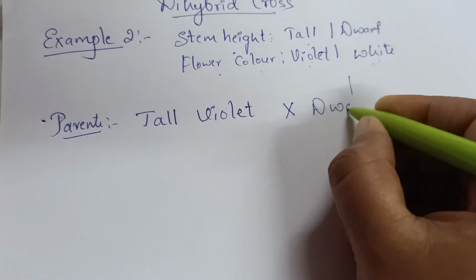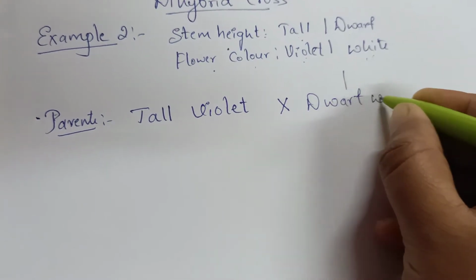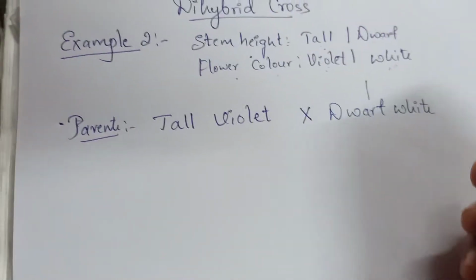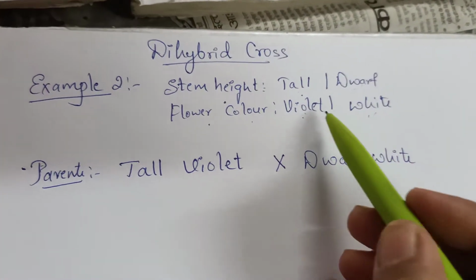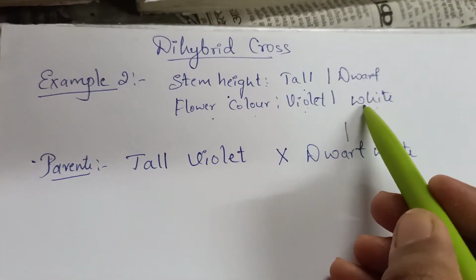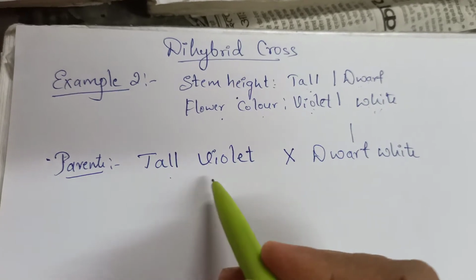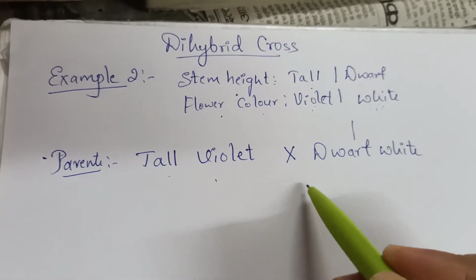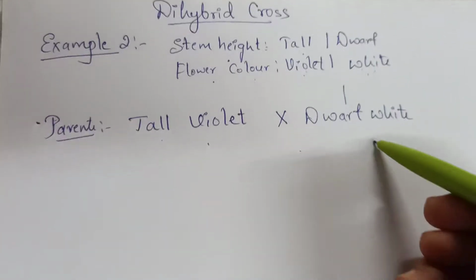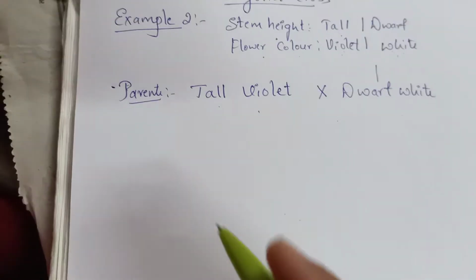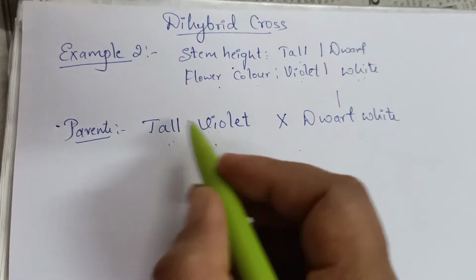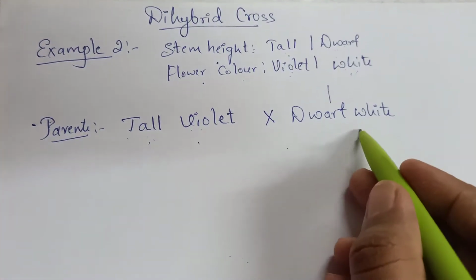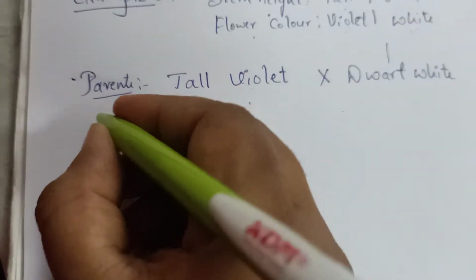Or else you can write tall white at one side, crossed with dwarf violet also. Same thing, we'll get the same F1 generation. Just to avoid confusion, we'll write the dominant at one side and recessive character at another side.